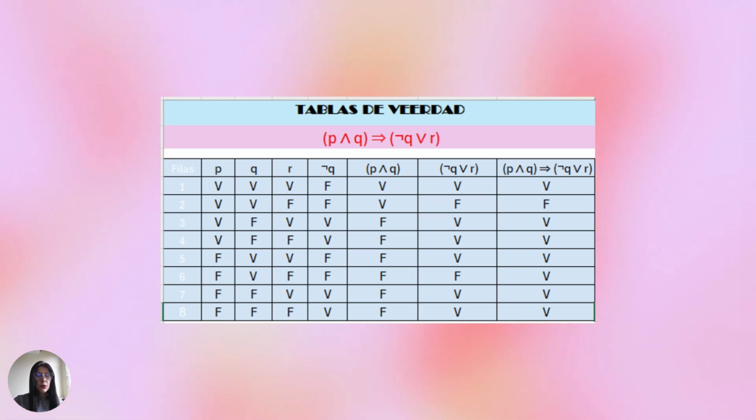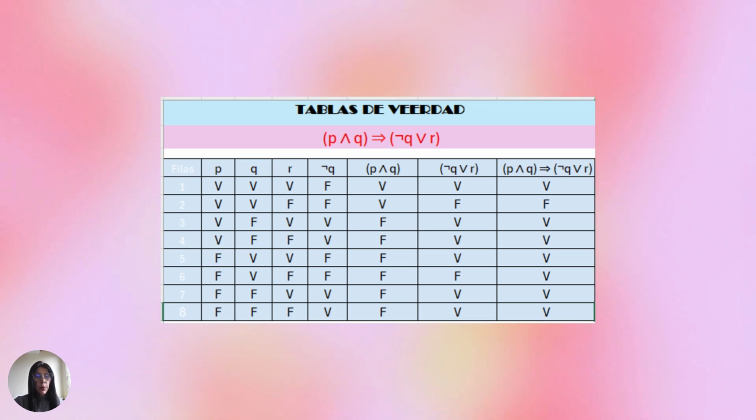Then we are going to be focused on the negative of the Q column and the column of R. Here we find another connector that is "or," or disjunction. In this case, it's possible that one of the statements or propositions may be false or true for the result to be true.